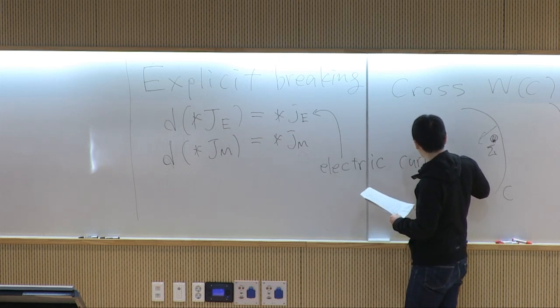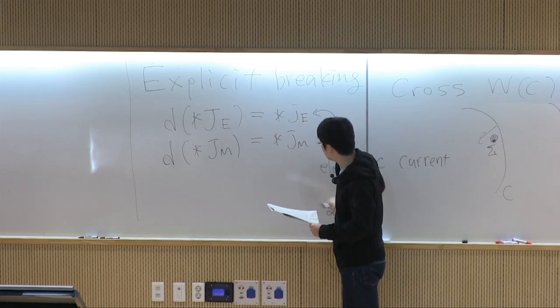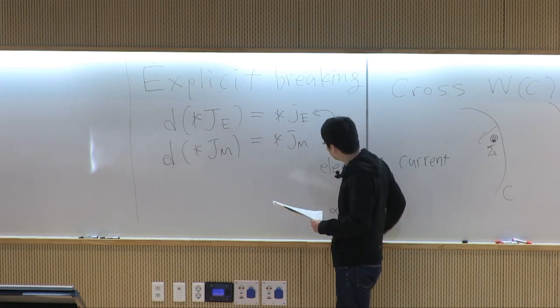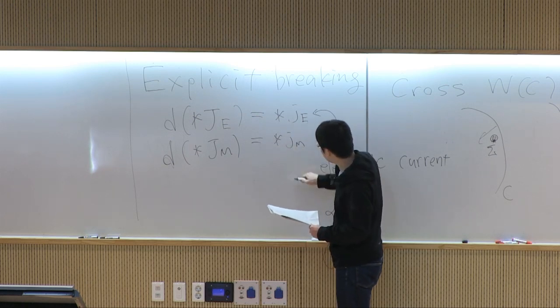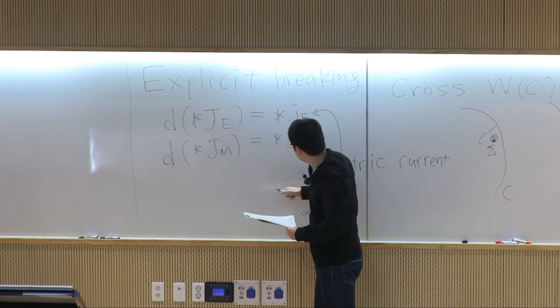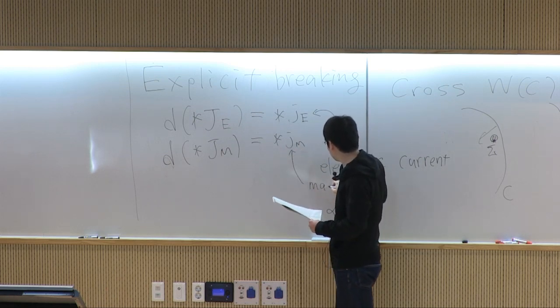And this capital J is a magnetic current. My writing is very bad.